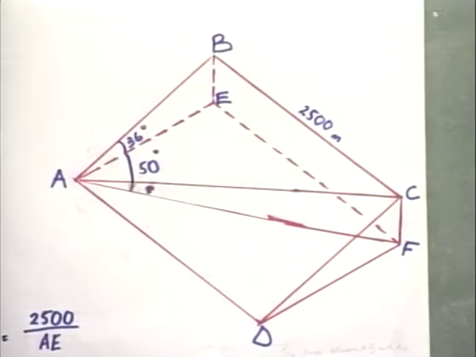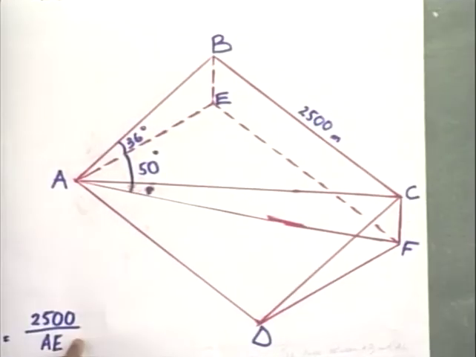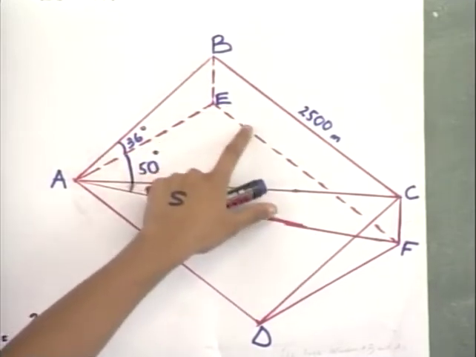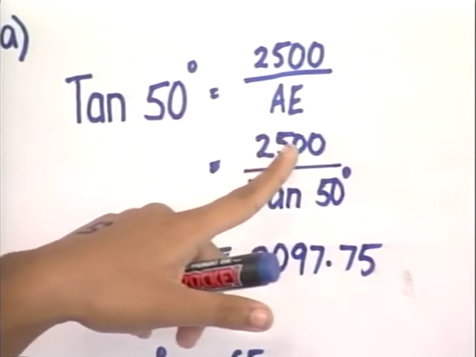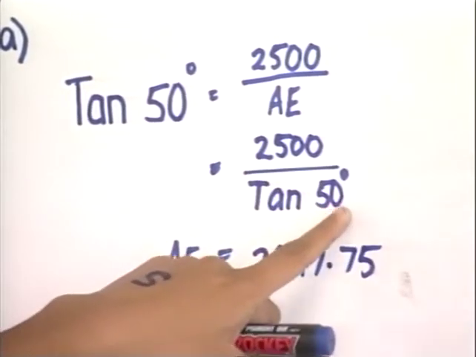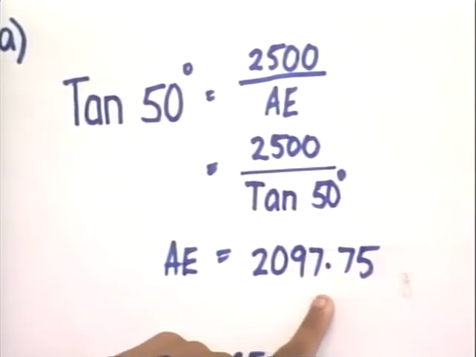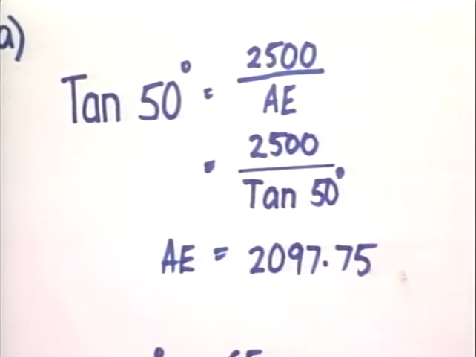Therefore, we use the tan ratio. Tan 50 degrees equals 2,500, this length here being the same as EF, over AE, so AE equals 2,500 over tan 50 degrees, which equals 2,097.75.